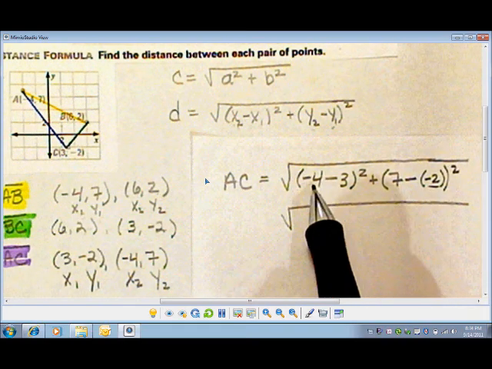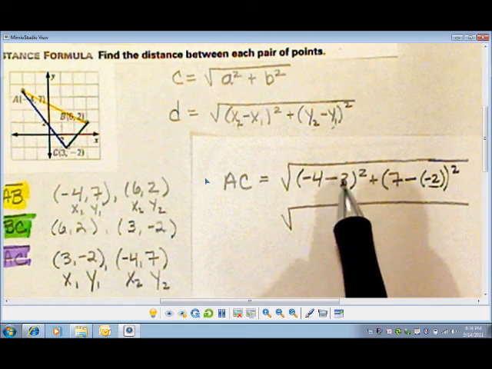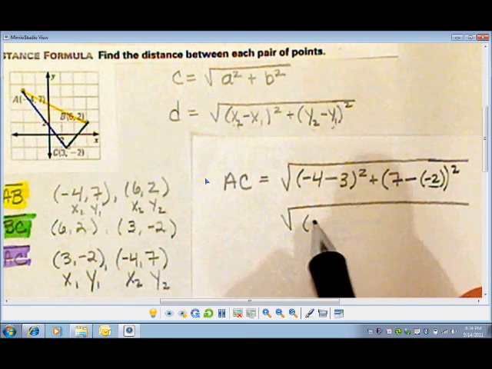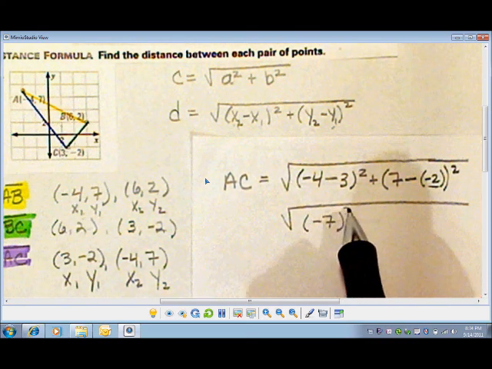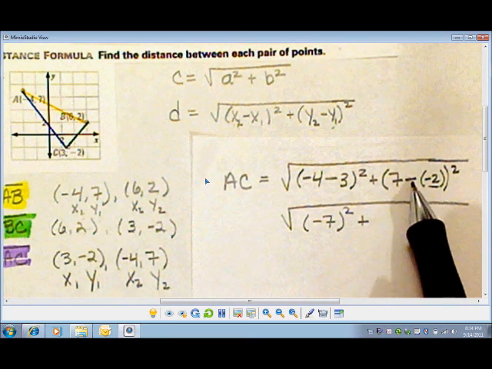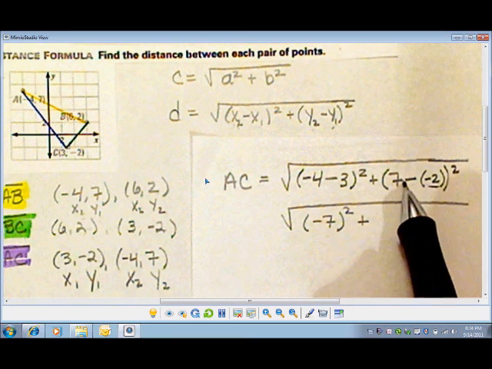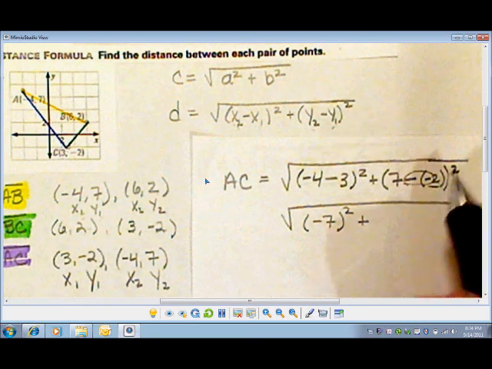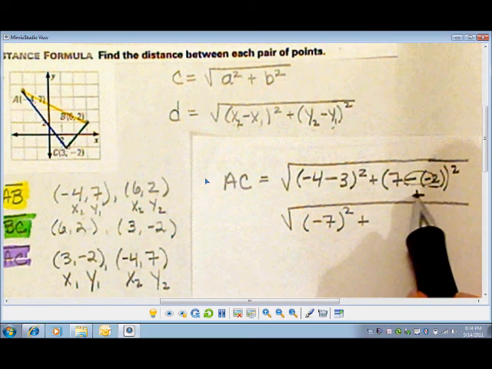So now I have -4 minus 3, which is -7 squared, plus, well, this is 7 minus -2. This is a negative times a negative, that gives me a plus.